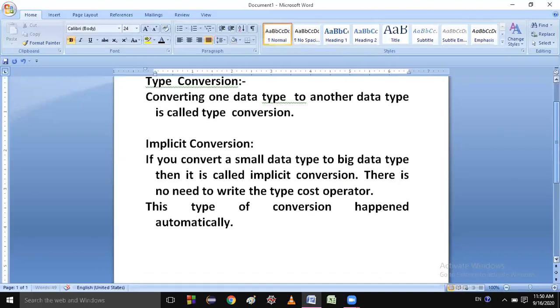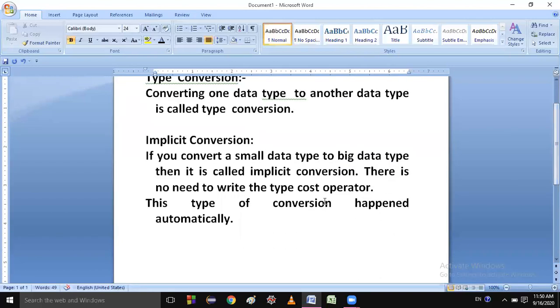First you just understand the theory. If you convert a small data type to a big data type, then it is called implicit conversion. There is no need to write the type cast operator. This type of conversion happens automatically. One more thing, there is no data loss.